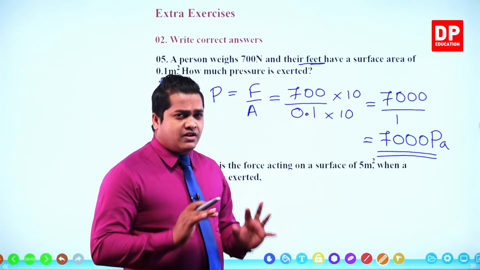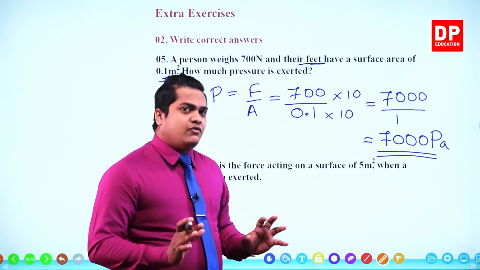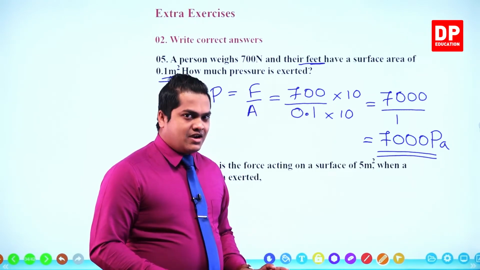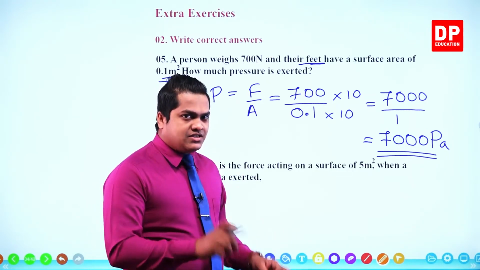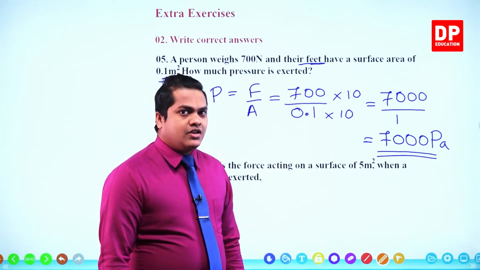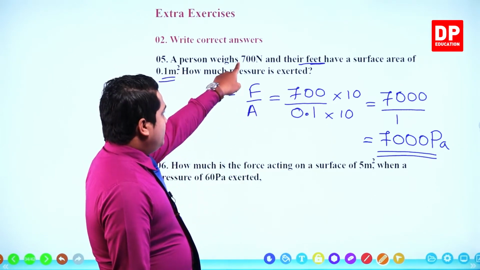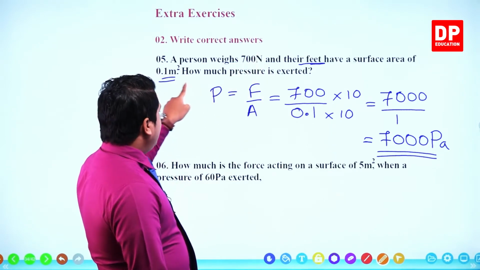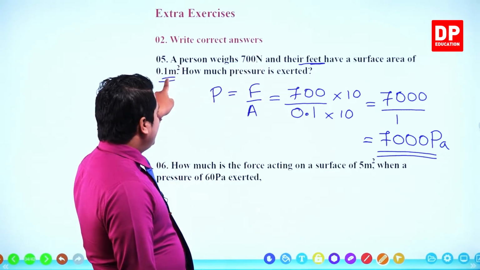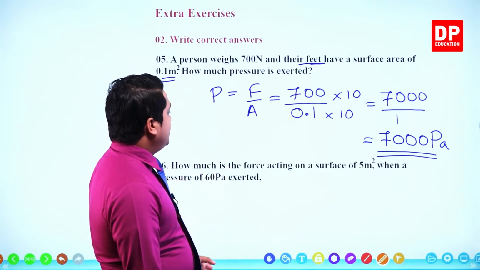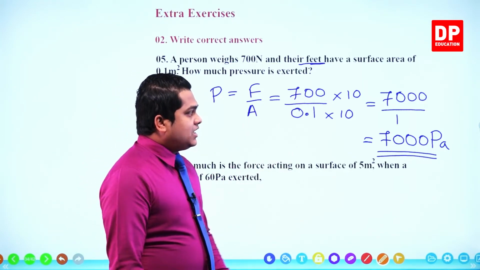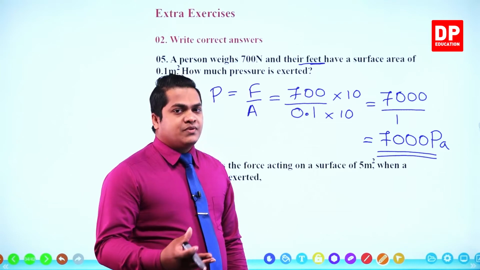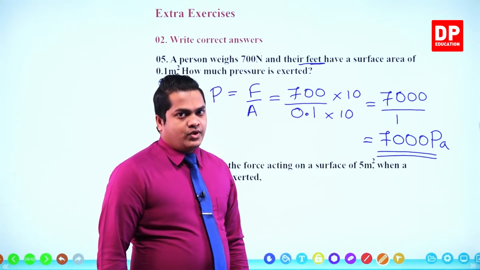I told you several times, if you are substituting with fundamental units, then for the answer also you will be getting fundamental units. Here, force is given in newtons and the area is given in square meters. Then definitely you will be getting the answer in pascals or newtons per square meter, right?